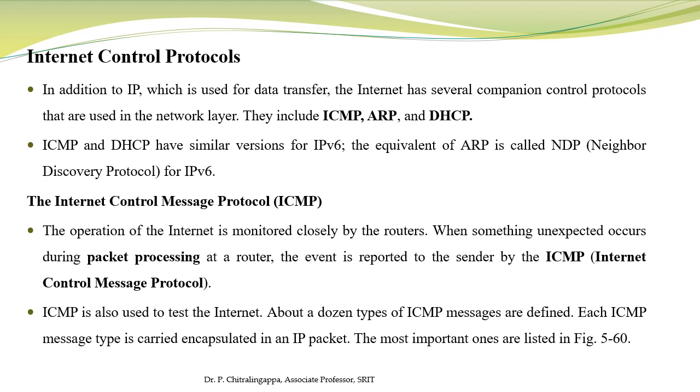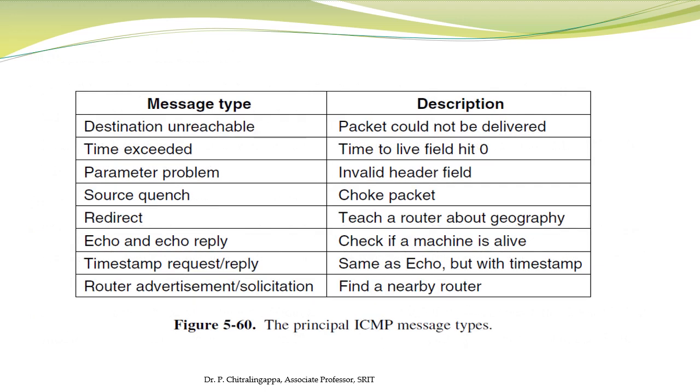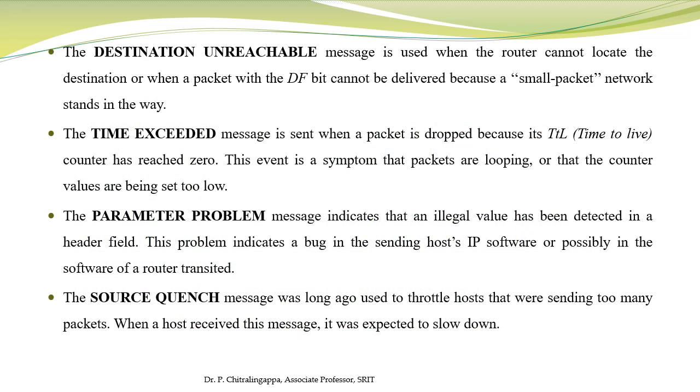During packet transmission, any packet may be lost or stopped somewhere. That status is represented by using the ICMP protocol. Some of the ICMP messages are destination unreachable, time exceeded, source quench, redirect, and echo. These are some of the messages generated by the ICMP protocol.